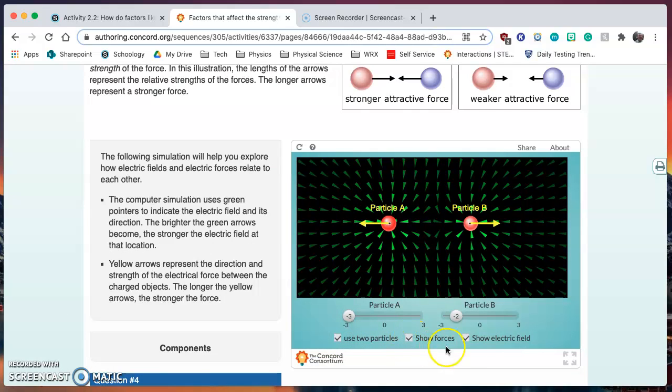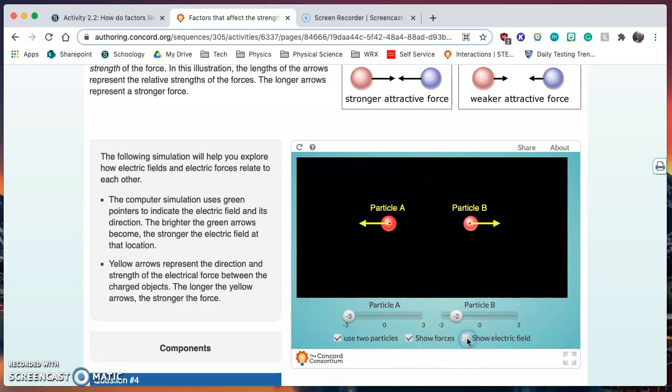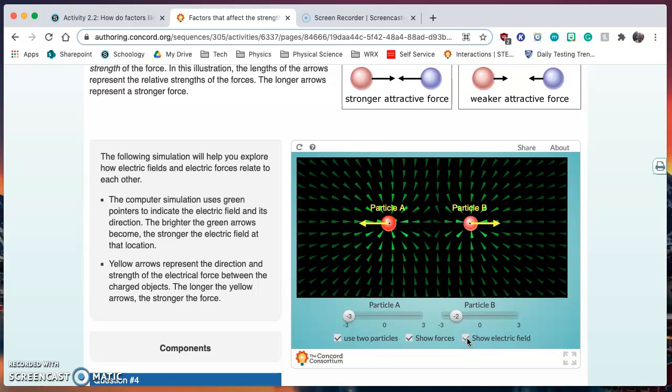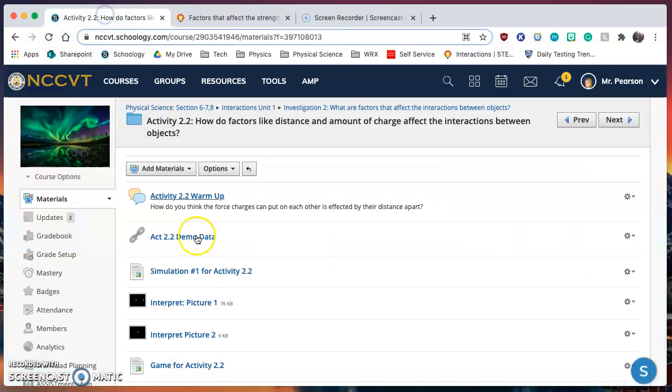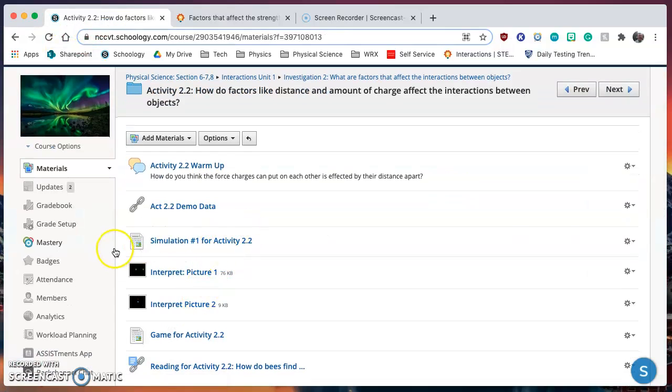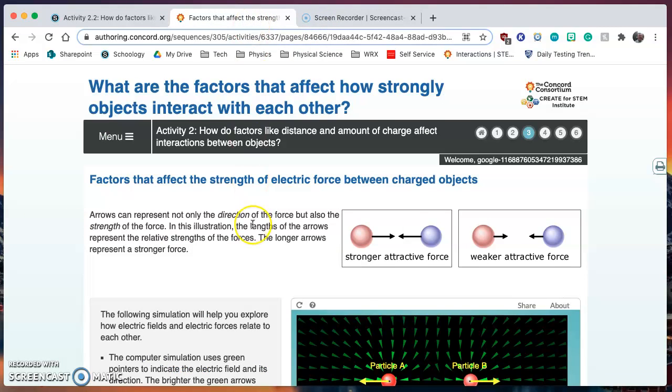I can show the forces that we've been talking about, and then I can show this electric field, which is a new idea for Investigation 2. All right, and again, there's a couple questions here. Like always, I've got all this stuff linked on Schoology as well. If you're running into any issues on this STEM resource page, your Concord page, your interactions website, a bunch of different names for the same place.